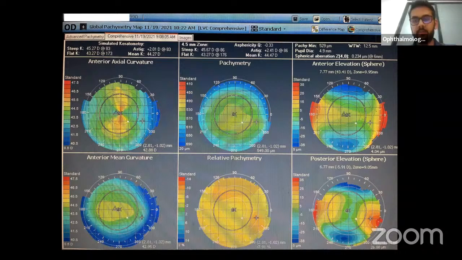Yes, ma'am. So there are different ways by which you would classify astigmatism. One of these is this, and then you would say regular and irregular. All these that you talked about right now are regular astigmatism. What is biooblique astigmatism?